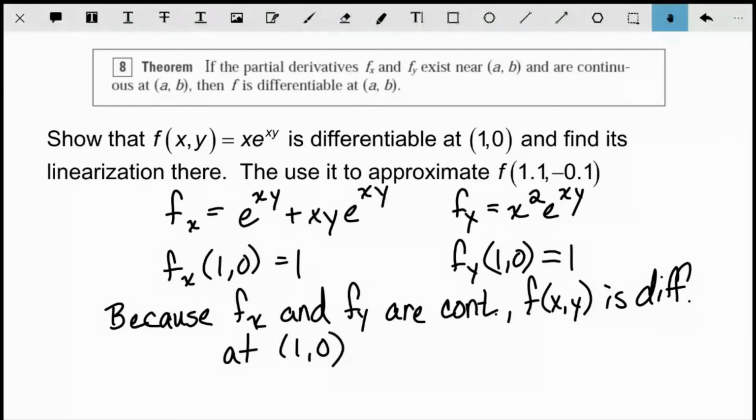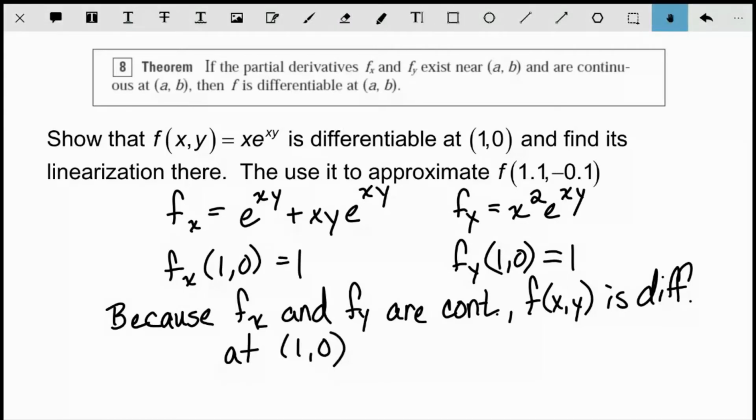Okay, so pretty simple to define differentiability. Most of the functions we're going to deal with are going to be differentiable. We're not going to deal with a bunch of things where we have the derivatives not existing at points.